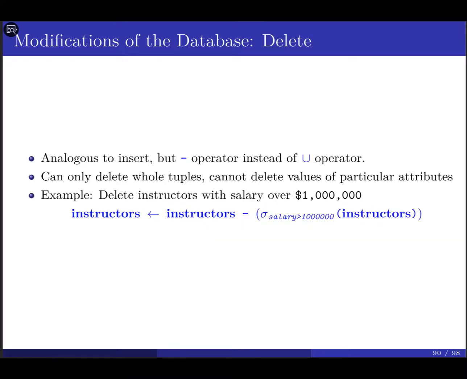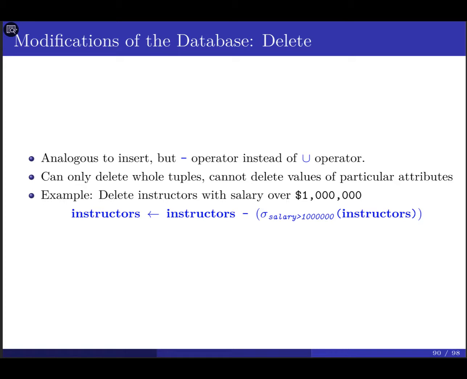How can I perform delete? Assume that the university decides to delete instructors with a salary over $1 million. I don't know if such an instructor exists, but let's say something like this. In this case, I'm going to use the set difference, not union. Union means you combine or add. Set difference means you eliminate: you remove from the left-hand side relation whatever you have in the right-hand side relation.